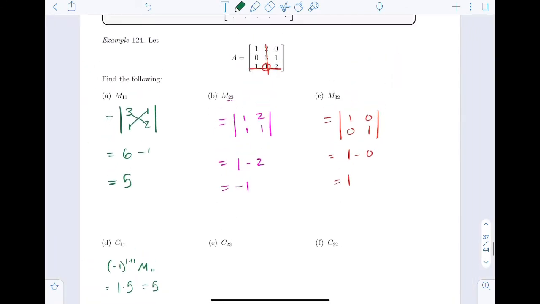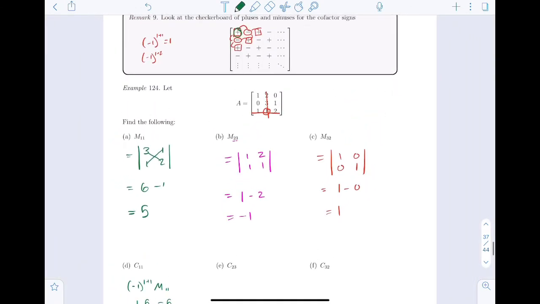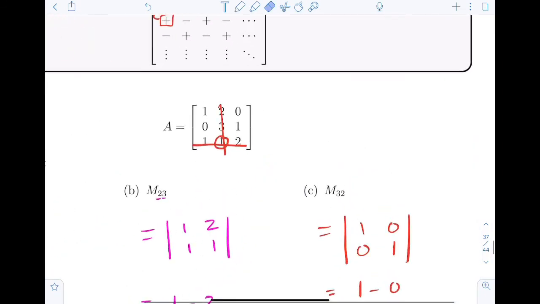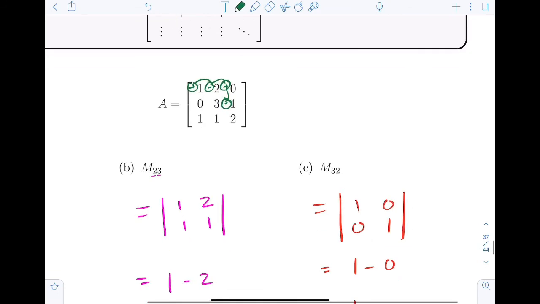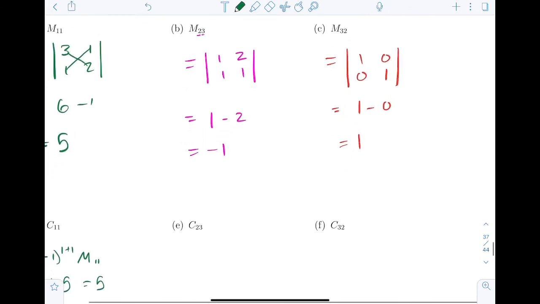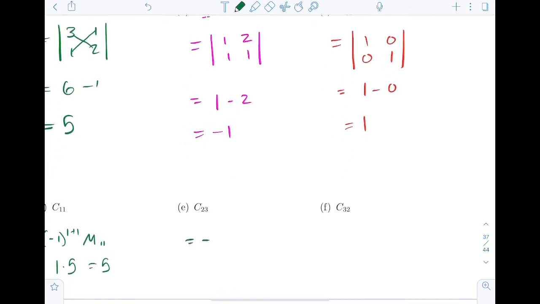Okay, let's do C23, the fancy cheater way here. So 2,3, what I like to do is just put pluses and minuses: plus, minus, plus, minus. So the cofactor is going to be negative. And then the minor is negative 1, so it's 1.